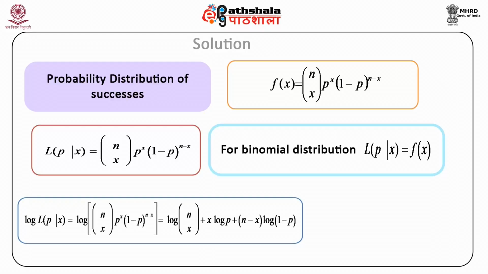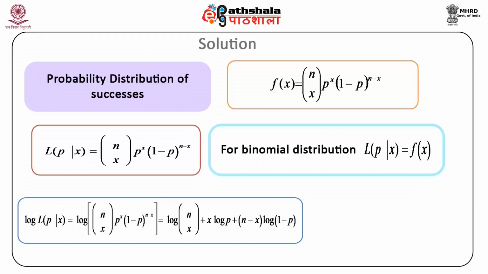Log L in that case is equal to log of nCx p raised to the power x into (1 minus p) raised to the power n minus x. Now this is equal to log of nCx plus x log p plus (n minus x) log (1 minus p).